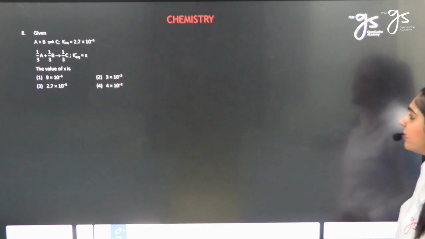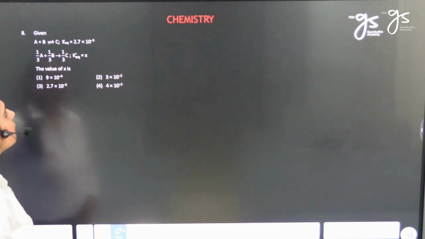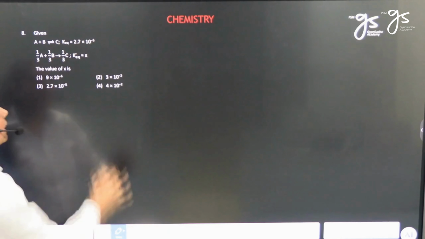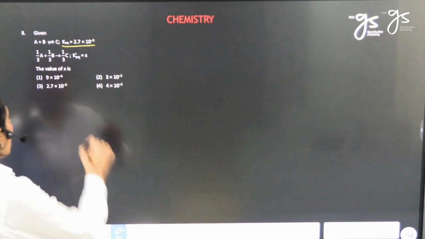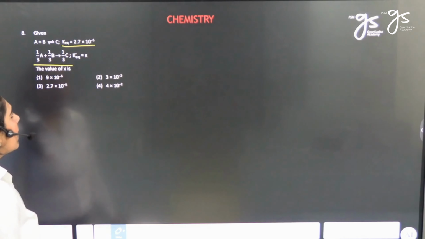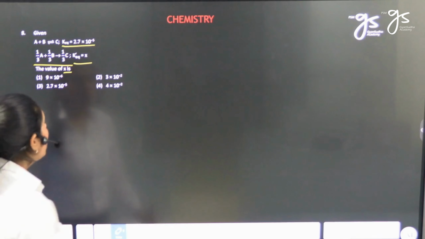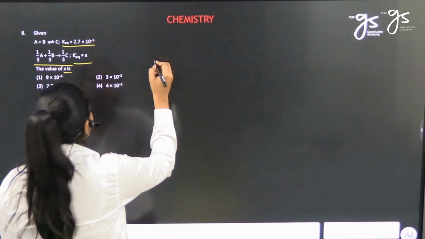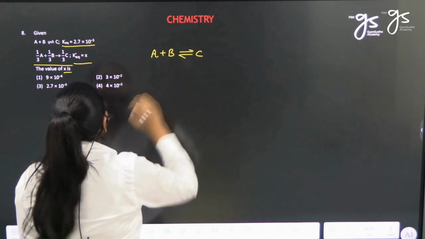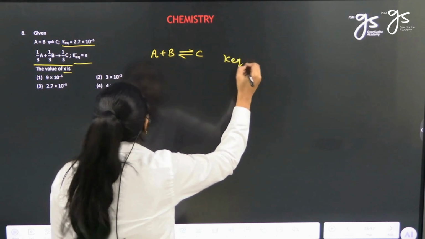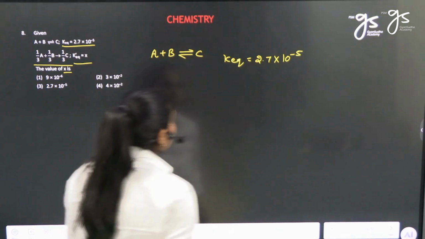Now moving ahead with the next question. What is given over here is that A plus B gives C, and the equilibrium is given, and the reaction is also written in another form with K equilibrium equal to X. So we have to tell the value of X. First of all, from the reaction A plus B gives C, the K equilibrium value is given, that is 2.7 into 10 to the power minus 5.